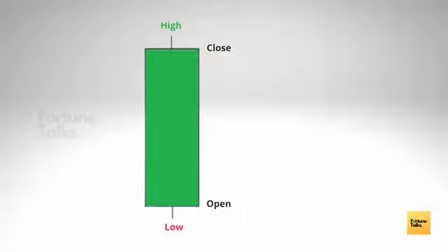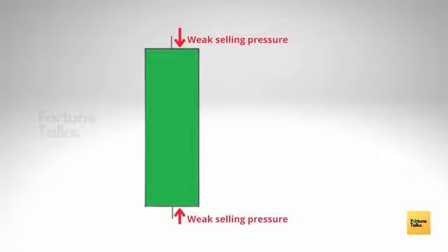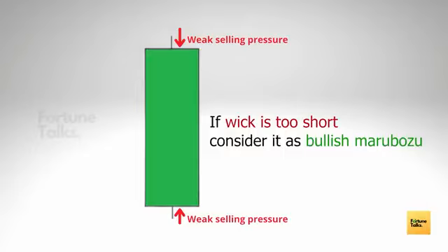But the high and low prices are so close to the open and close prices, which means there is very weak selling pressure from the bears. So in real market conditions, we can actually consider these candles as bullish Marubozus, because even though there was slight selling pressure, it is still a strong bullish candle.